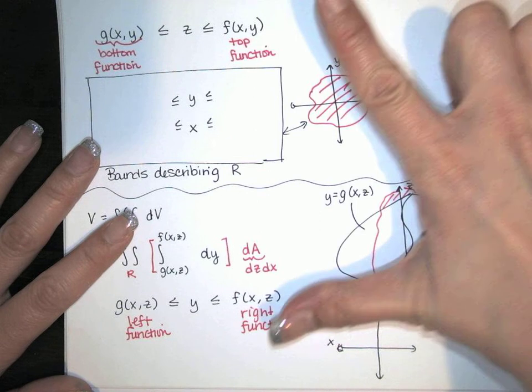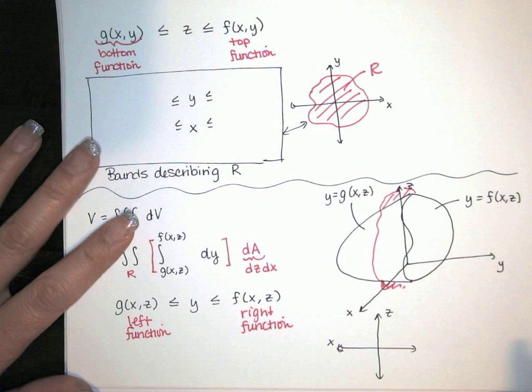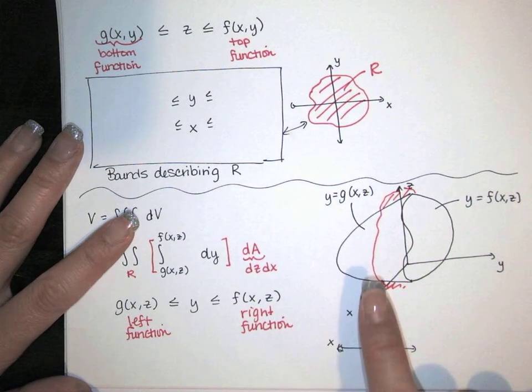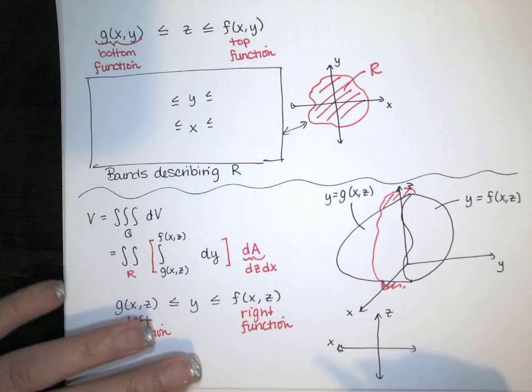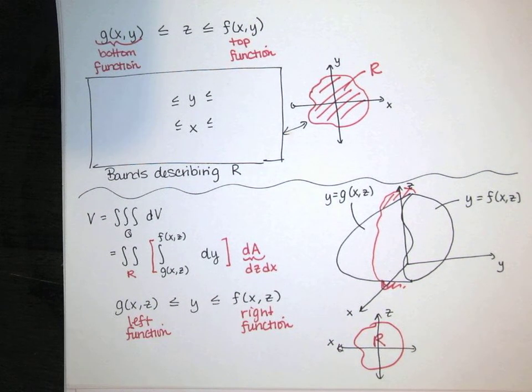So it's like I took this xz plane that I see, and I'm just rotating it this way, okay? Or actually, I'm taking something that looks like this, and I'm rotating it that way. So there's my xz plane. Then maybe my region R looks like this in the xz plane.